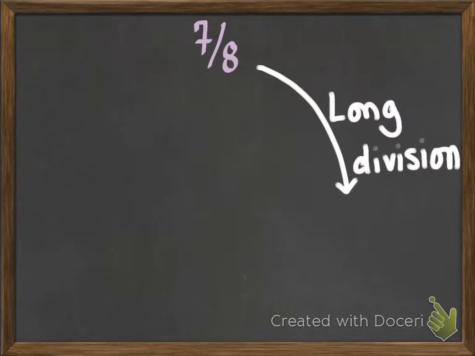Well, you're going to use long division. So to do long division, you have to know which one, the 7 or the 8, goes inside the division symbol. So you have to remember that 7/8 can be written in 3 ways. It can be first written as 7 divided by 8, or 7 over 8, the fraction form itself, or 7 divided by 8, where 7 is inside the long division symbol.